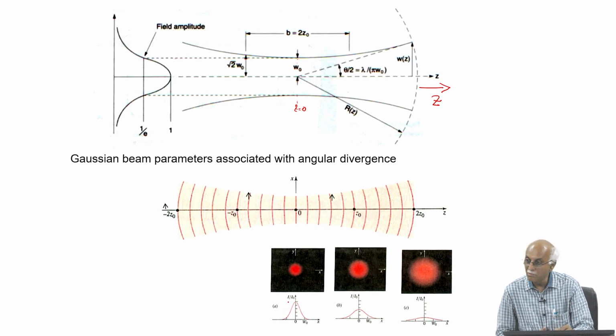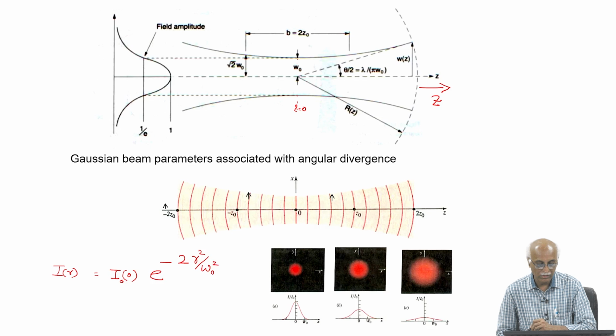And Gaussian beam distribution means, let us say I0 is the intensity at 0. At any other point along x or r, it is I0 times exponent of minus 2 r square upon w0 square.